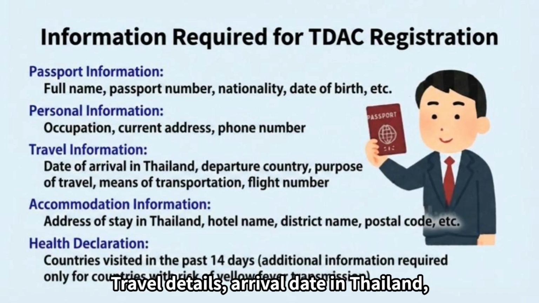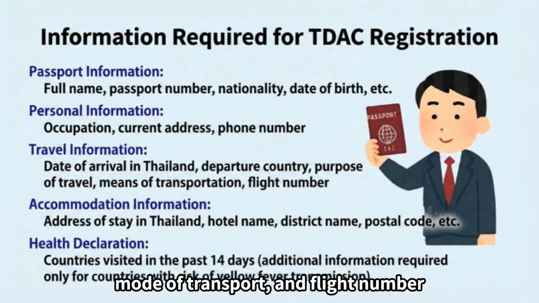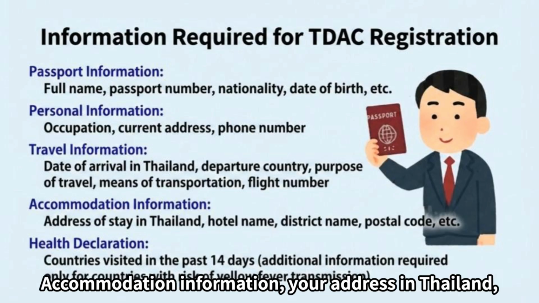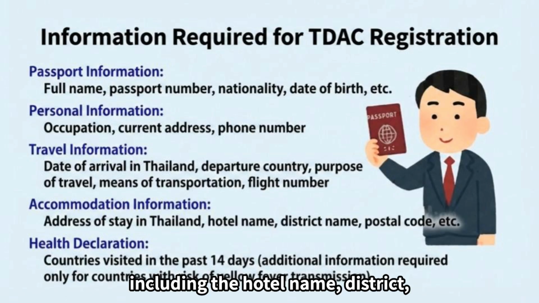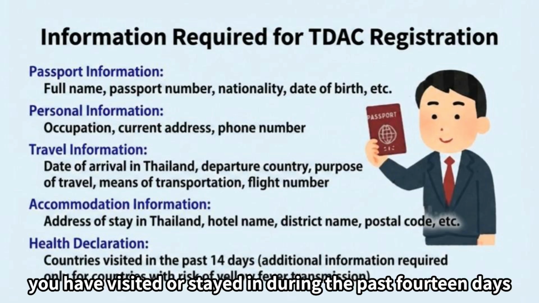Travel details: arrival date in Thailand, country of departure, purpose of travel, mode of transport, and flight number. Accommodation information: your address in Thailand, including the hotel name, district, and postal code. Health declaration: a list of countries you have visited or stayed in during the past 14 days.